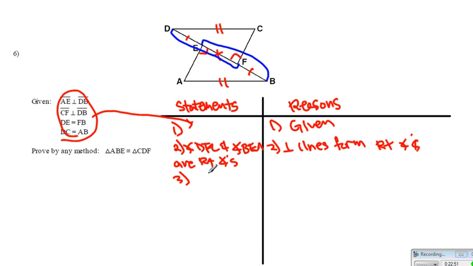Number 3. And then, since those are right angles, we get to realize a triangle ABE and triangle CDF are right triangles.